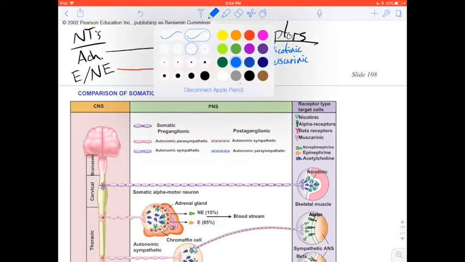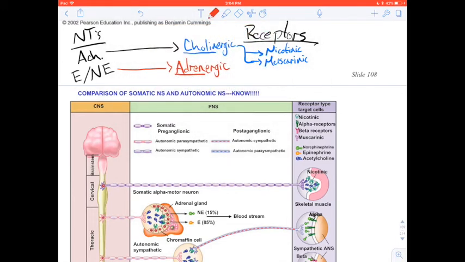And we have several different kinds of adrenergic receptors, but we're going to worry about two in particular: alpha and beta adrenergic receptors. All right, so again, let's go over this.